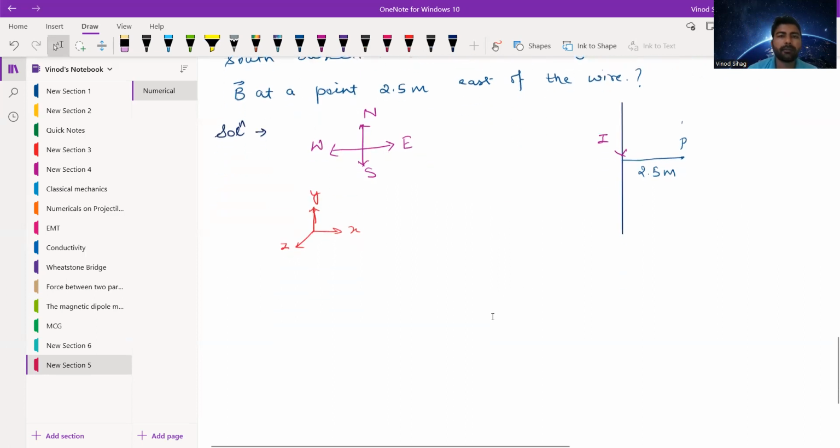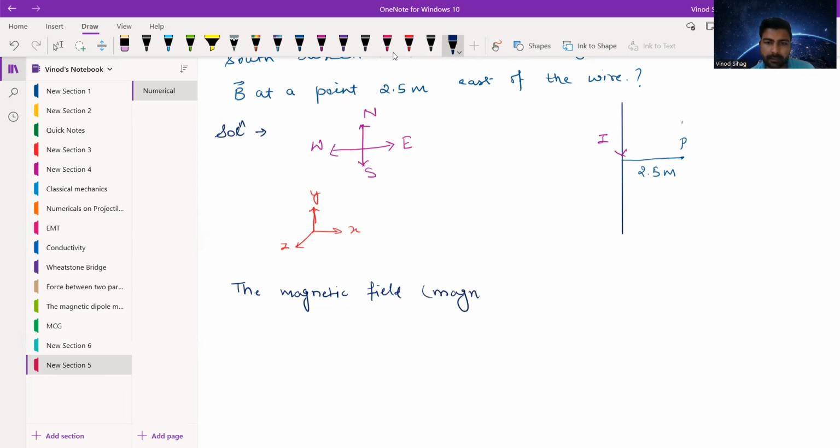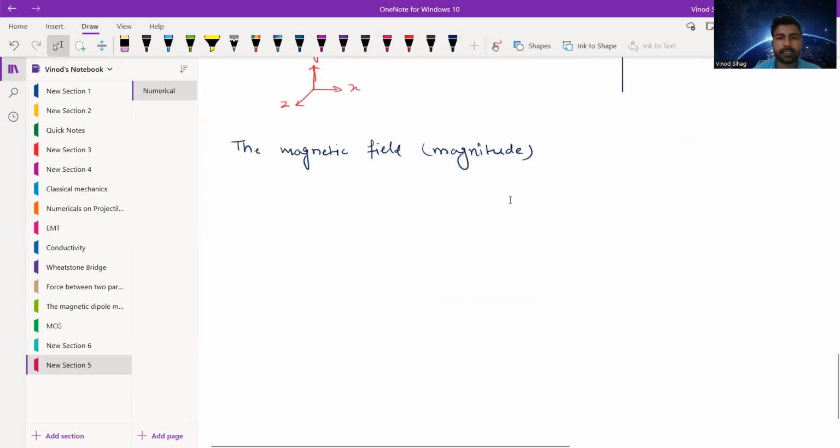So according to this, let me write the magnetic field here. First of all, we will determine the magnitude and then we will write the direction also. The magnitude will be B equals mu naught I upon 2 pi d.